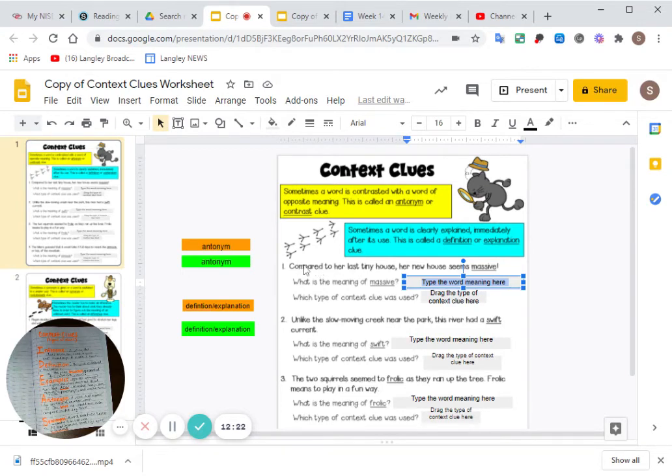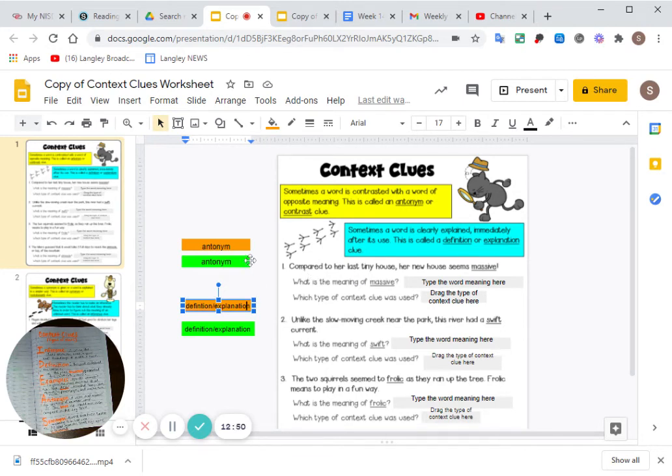Okay, and hopefully you're using your context clues. You're looking at that sentence and trying to see, are there any clues that I can use to help me figure out what massive might mean? After you type in the meaning of the word, the second thing they ask you is which type of context clue was used. On this slide, it's kind of easy because they're only using the antonym clue or the definition clue.